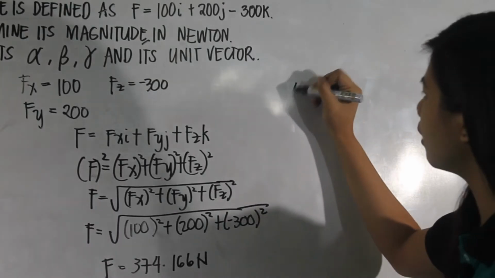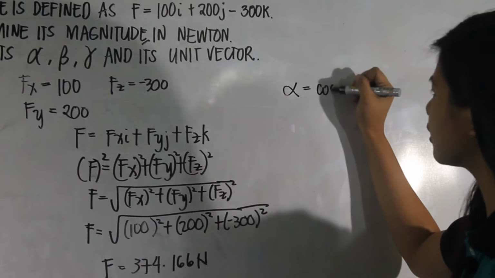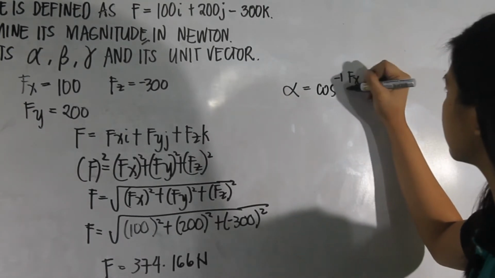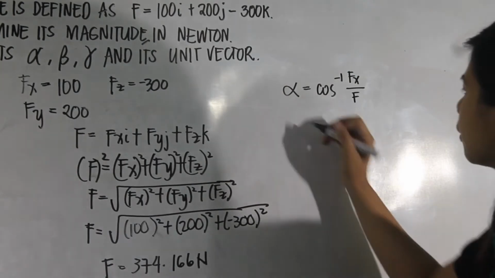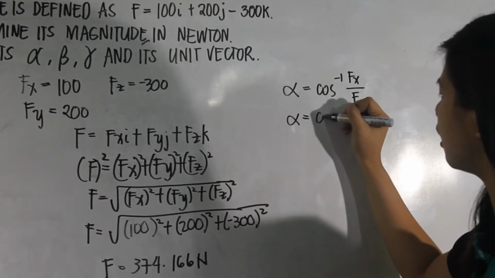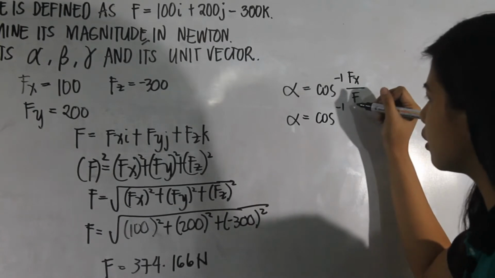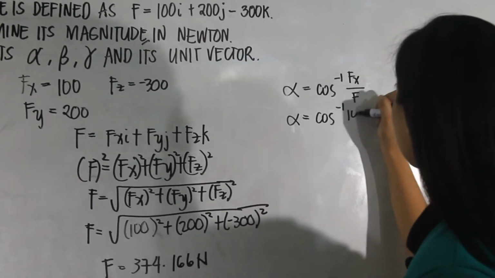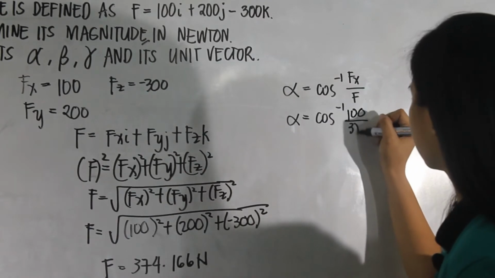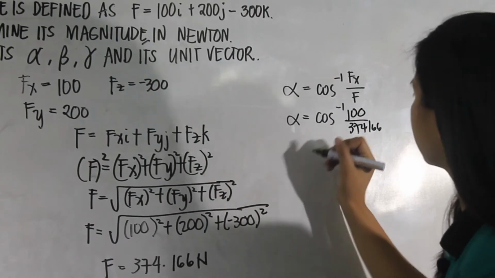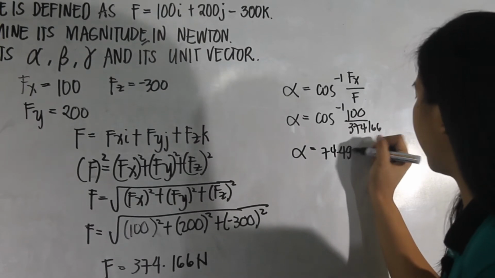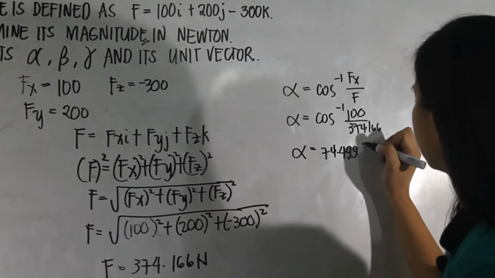So for the alpha, we have arc cosine of Fx over F. So that will give us the answer of 74.499 degrees.